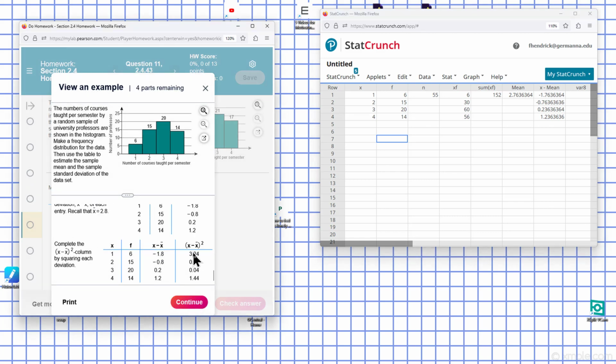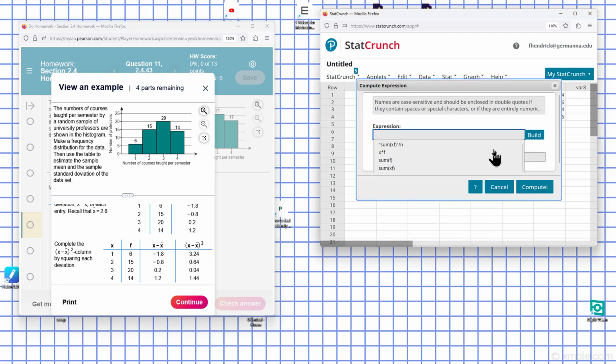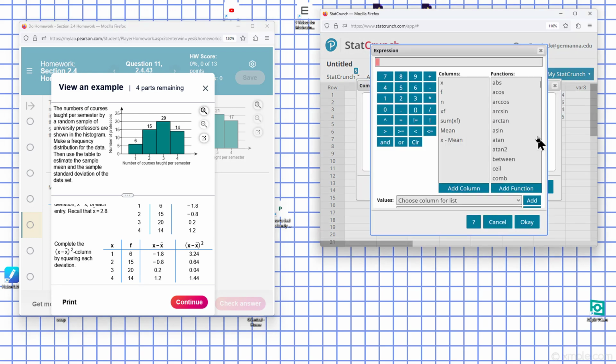Then we want to square them. So I take this x minus mean and make it squared. Go to data, compute expression, hit build. I'll select x minus mean and use my caret symbol, so I hit shift and 6.